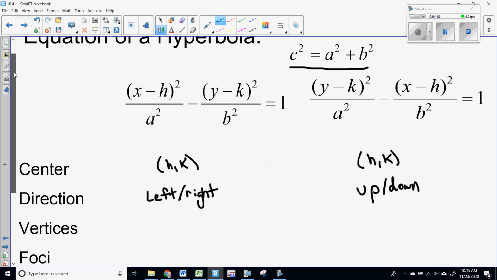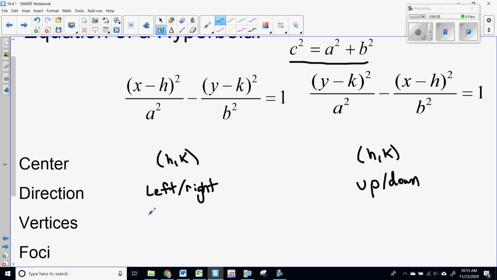So back to our formula here, our vertices are going to be h plus or minus a. And if it opens up or down, we're going to add and subtract a to our k.